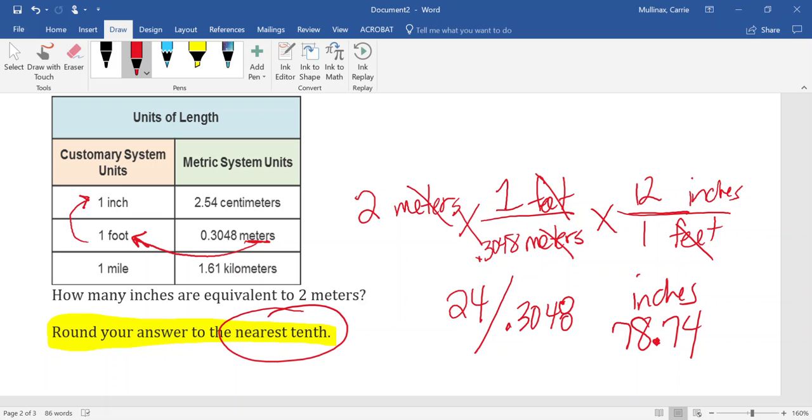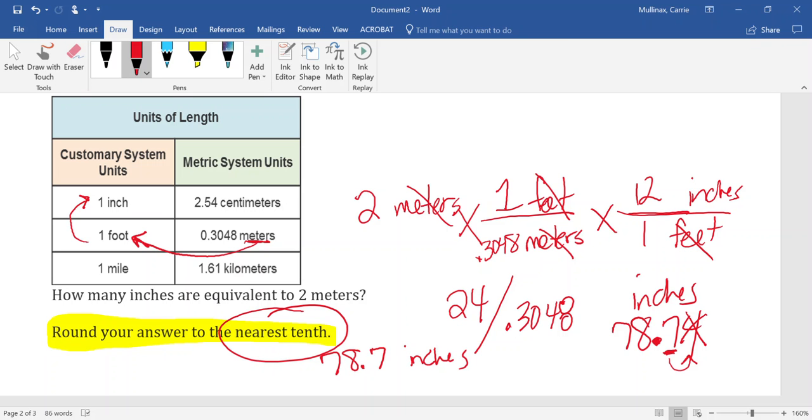After the decimal place, we have the tenths place. To round to the tenths, look to the right. Because it is less than 5, we do not change the tenths place. So my correct answer would be 78.7 inches.